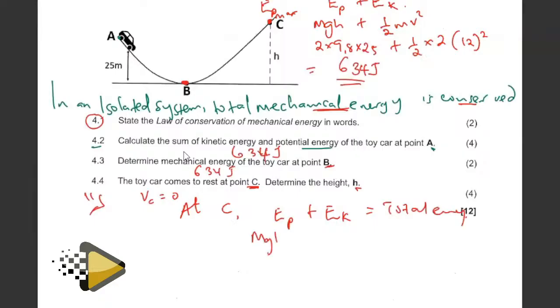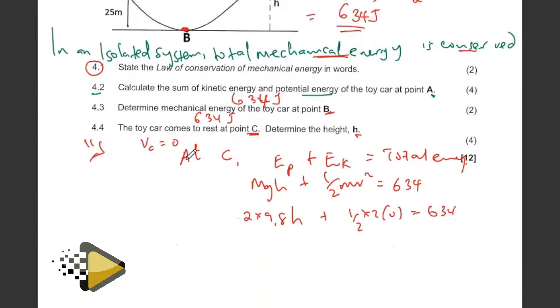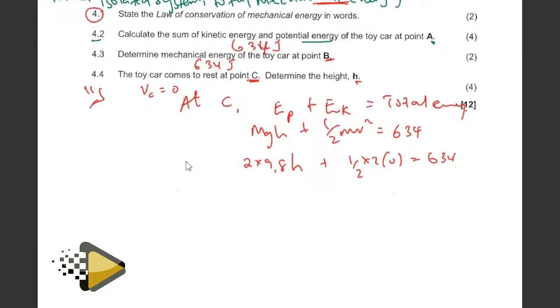This is going to be mgh, and this is a half mv squared, equal to our total energy, which is 634 joules. The mass is 2, 9.8 times h, plus a half, the mass is 2, but our velocity is 0, must give us 634. When I look at my left, I'm having 19.6h must give me 634.